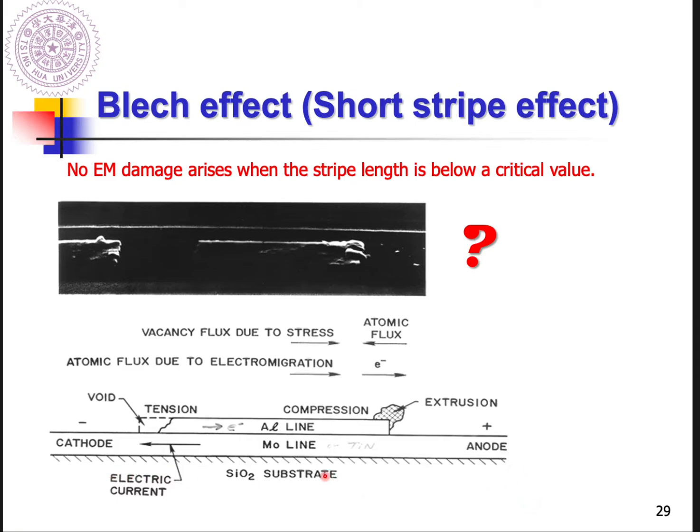The bottom part is an oxide, a silicon oxide substrate. On top of it is a molybdenum line, and on the molybdenum line there's an aluminum line with higher conductivity.